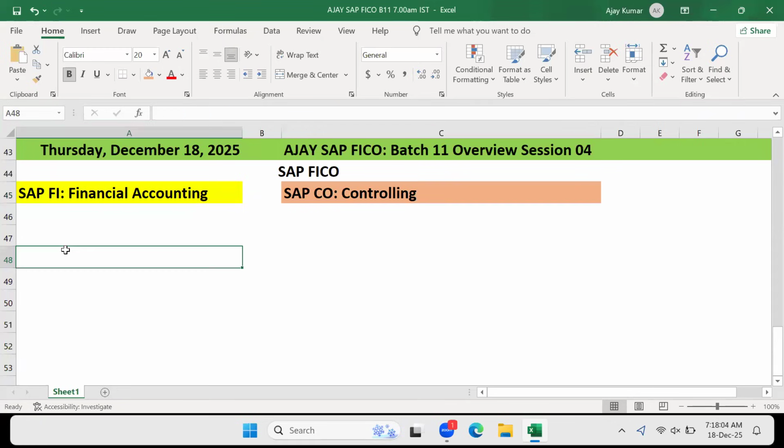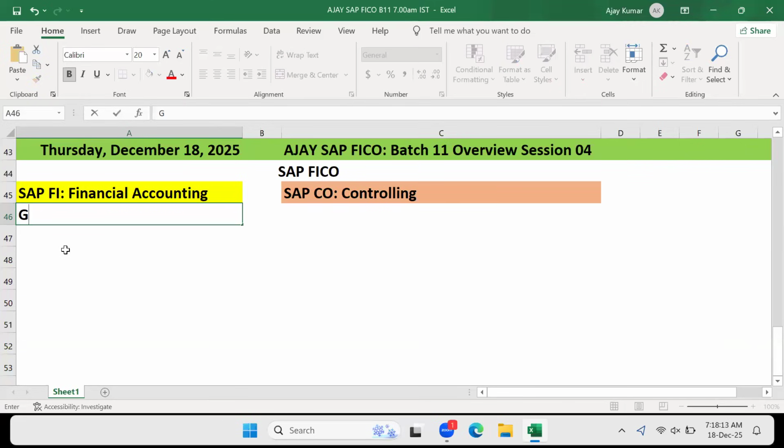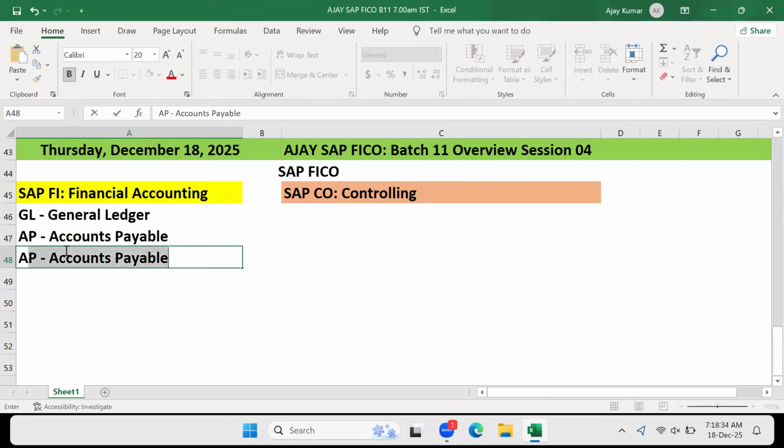Now, within financial accounting, from SAP point of view, you will be having GL. GL meaning what? General ledger. Similarly, AP meaning accounts payable, and you will be getting AR.